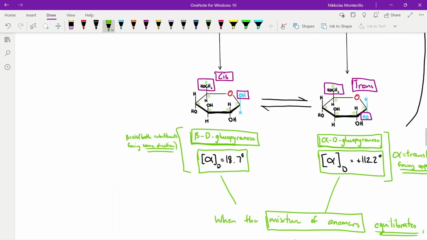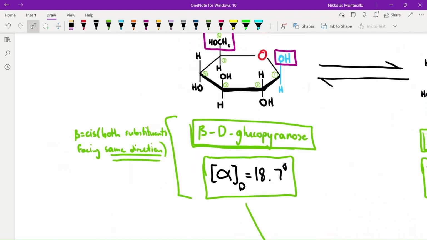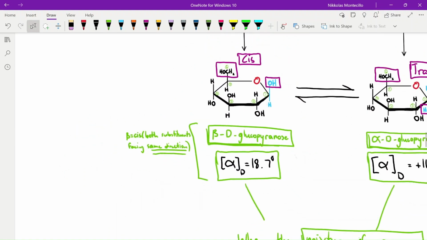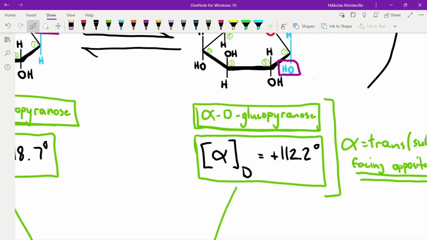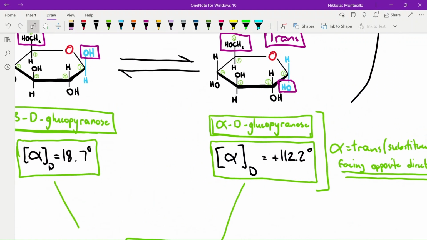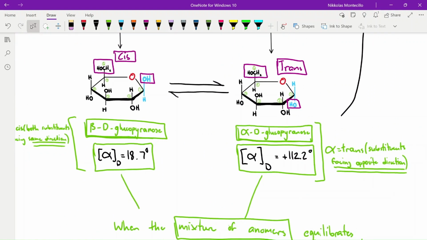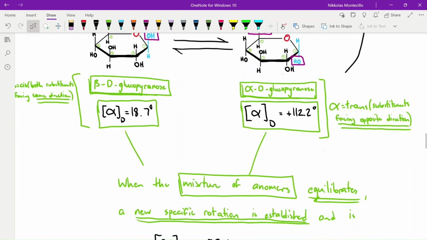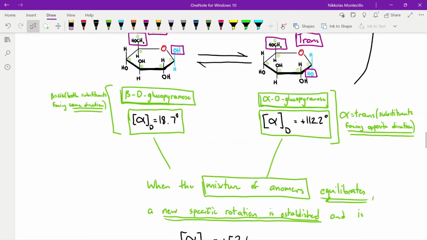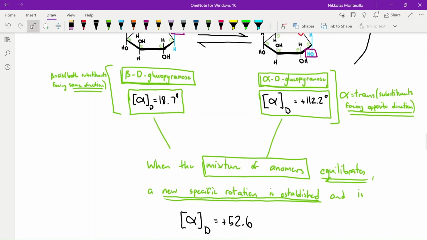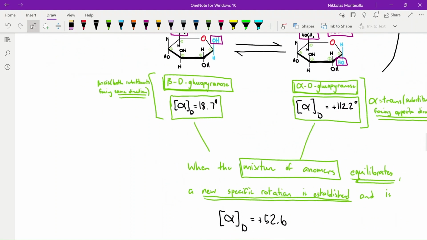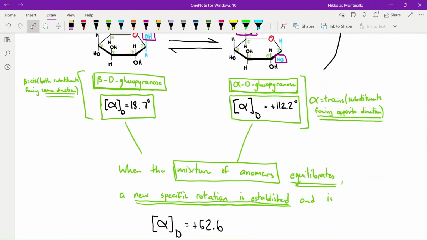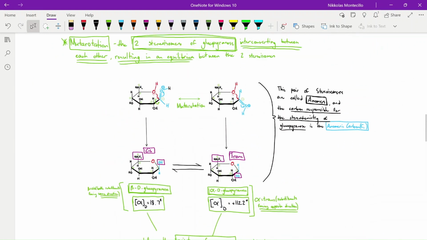So, in the case of beta D-glucopyranose, we can see that the degree of rotation is approximately 18.7 degrees, whereas with alpha D-glucopyranose, the degree of rotation is 112.2 degrees. So when the mixture of anomers equilibrates, a new specific rotation is established, and it is 52.6 degrees. Okay.